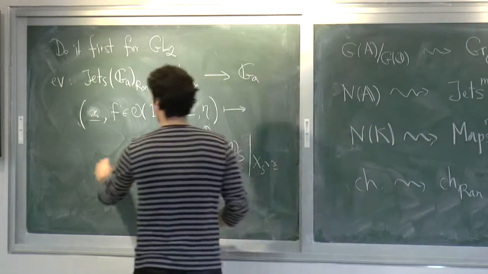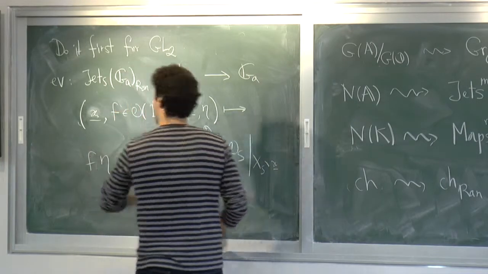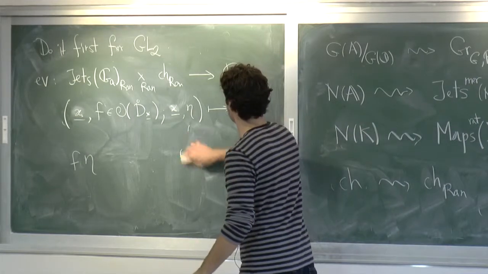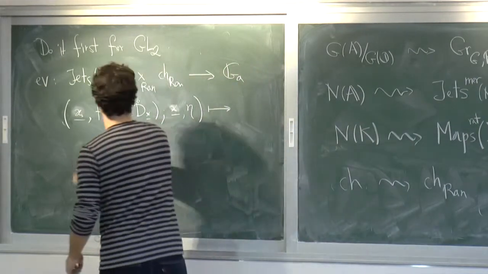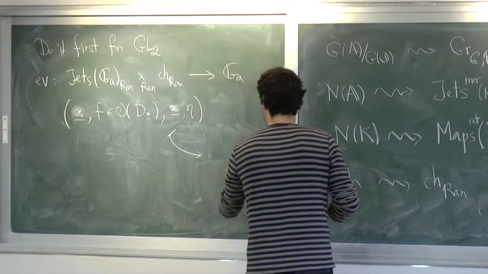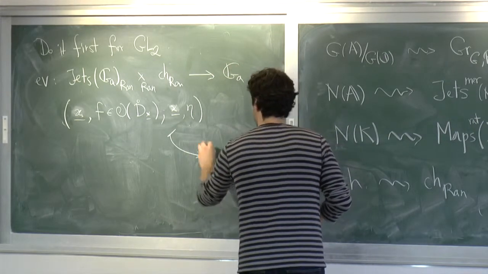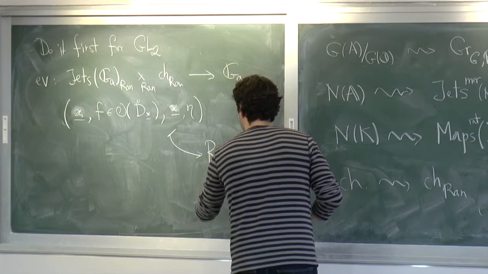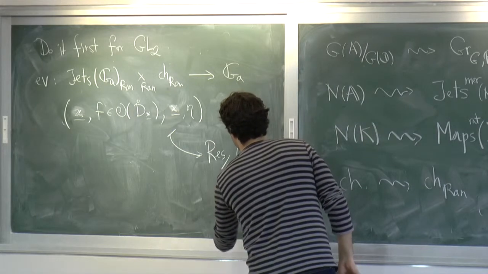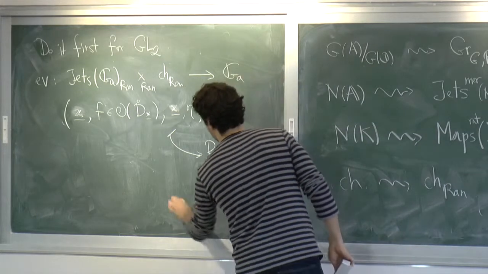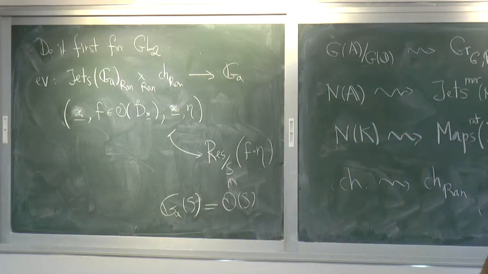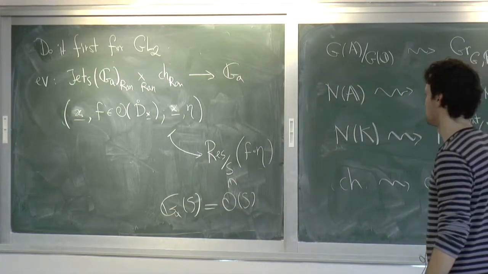I just multiply them together, and I take the residue relative to S, and that's just a function on S, aka an S-point of G(A). How do you define it?